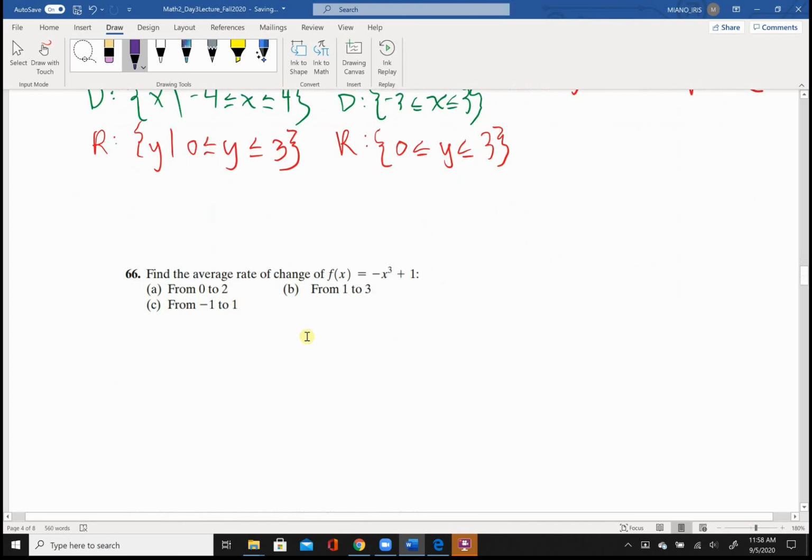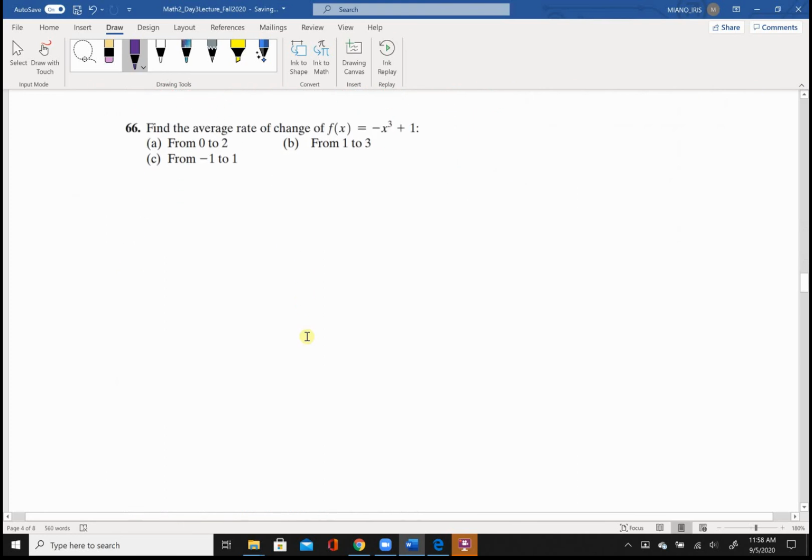Average rate of change. Yes, let's practice using that formula real quick. So notice that our function is negative x to the third power plus 1, and we're going to try and find the average rate of change from 0 to 2, from 1 to 3, and from -1 to 1. Now this is relatively quick if you know the shortcut.